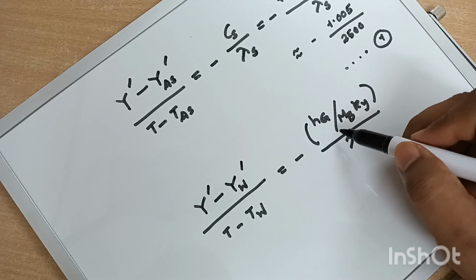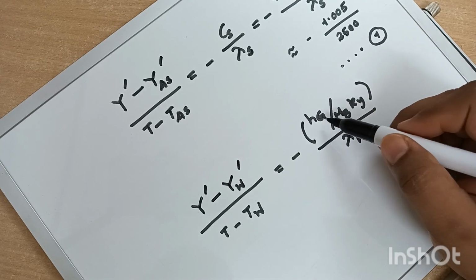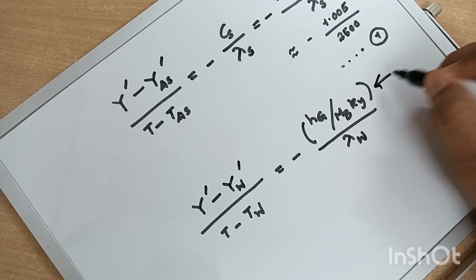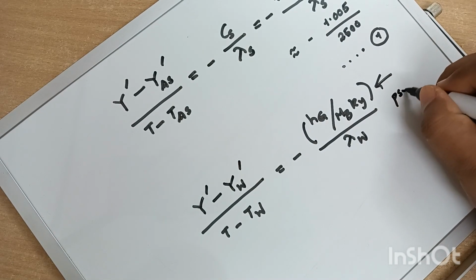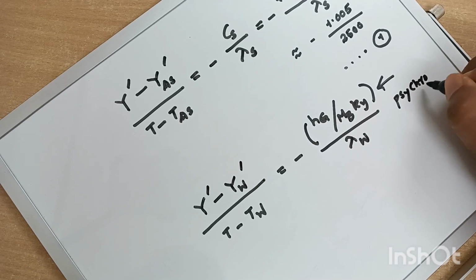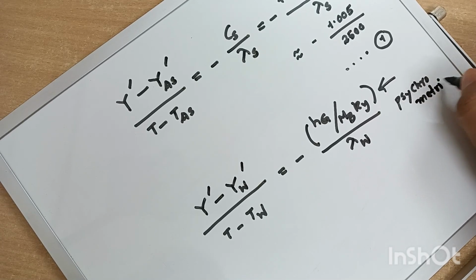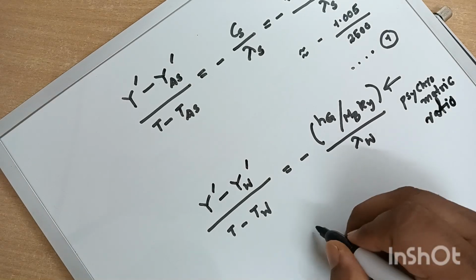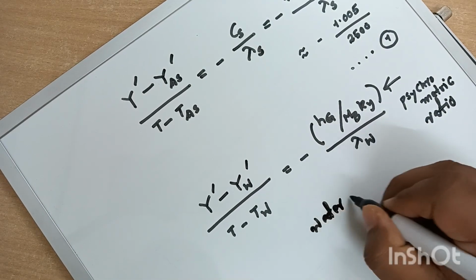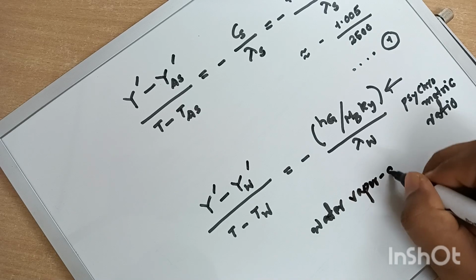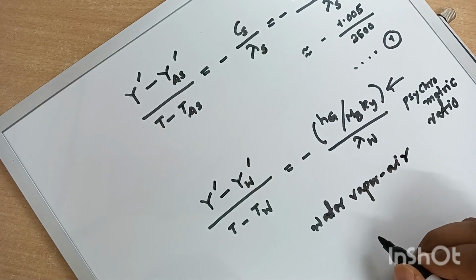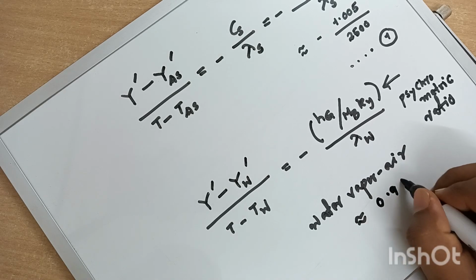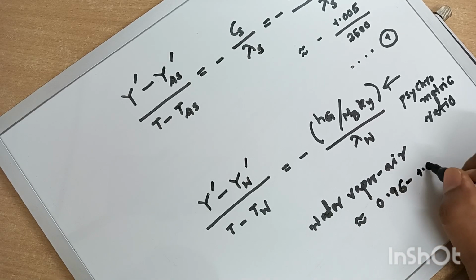And on the right hand side, in the numerator, you have a ratio h_G divided by M_B k_Y. Now this ratio is known as the psychrometric ratio. And for the water vapor-air system, the value of the psychrometric ratio ranges from 0.96 to around 1.005.